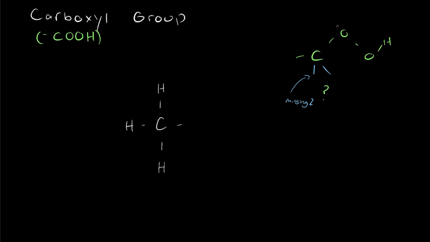That's because this isn't how the structure of carboxyl looks. Instead, it's like this. We have a carbon double bonded to an oxygen, then single bonded to a hydroxyl group. Notice anything yet? Well, this is a carbonyl group, and this is a hydroxyl group.